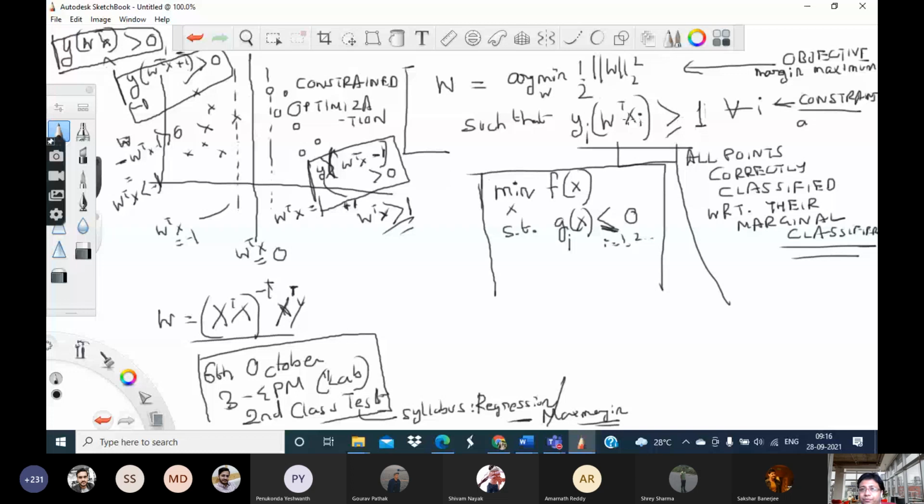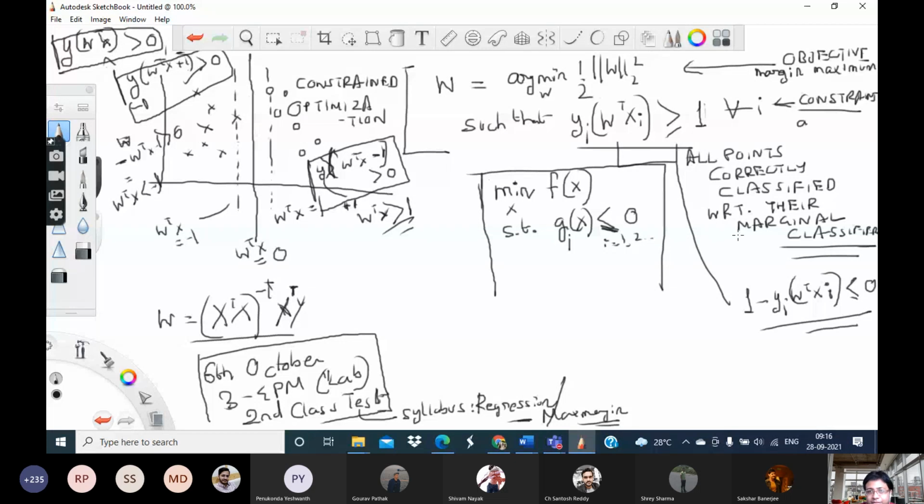So first of all, let me adjust this to bring it to the standard form, which should be an easy task. It's like saying that 1 minus yi w transpose xi is less than or equal to 0. Now it's in standard form.